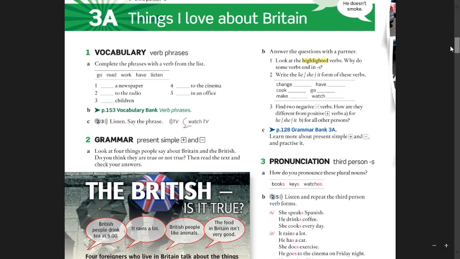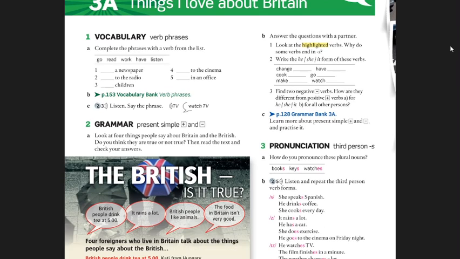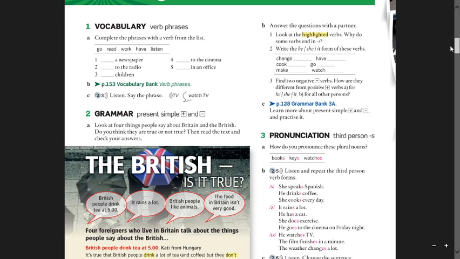Then you have to write the he, she, or it form of the verbs in the box. Okay, how do we form the third person singular of those verbs? Then you have to find two negative verbs in the text and say how they are different from positive verbs for he, she, or it, and for all the other pronouns, okay?